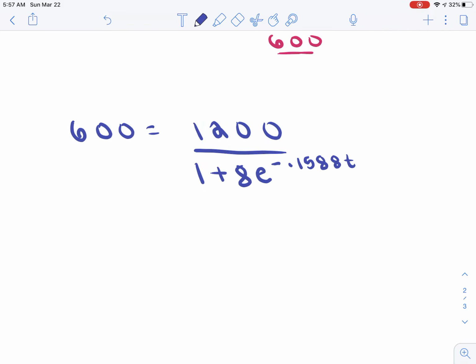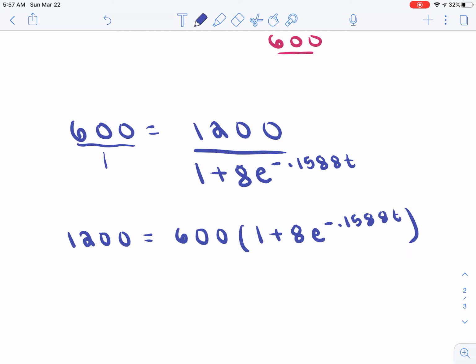Now, first thing I think of is cross multiplication. What I can do is use the product of one diagonal and set that equal to the product of the other diagonal.